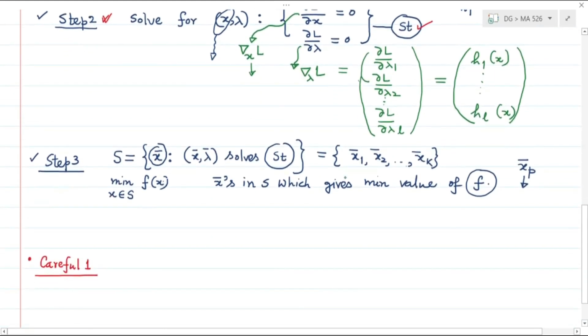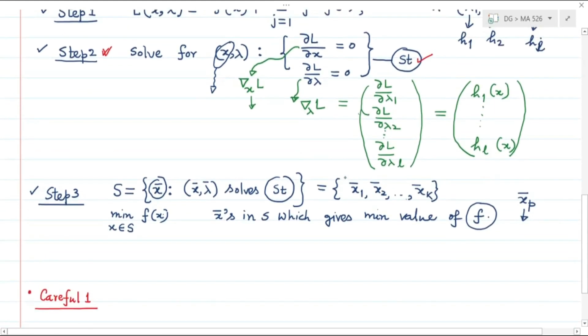That is not always true, and rather a local minimum point might not be a solution of this stationarity system if the problem is not satisfying a regularity assumption.